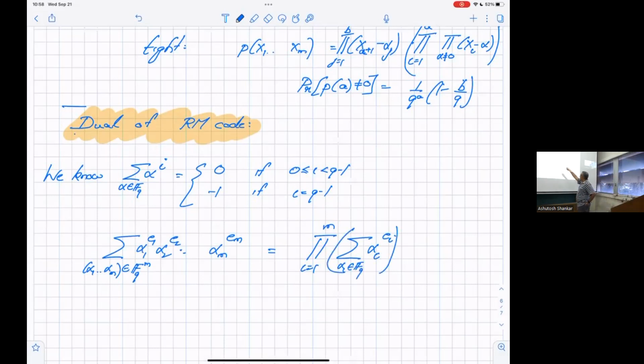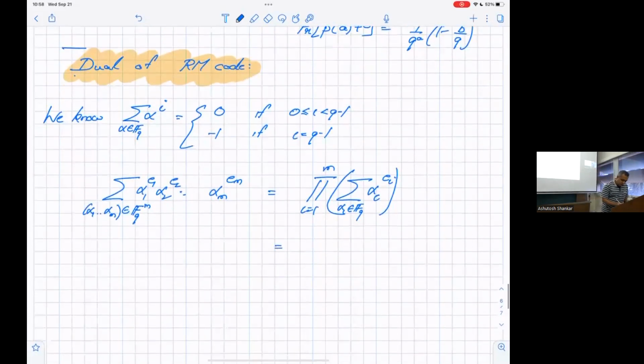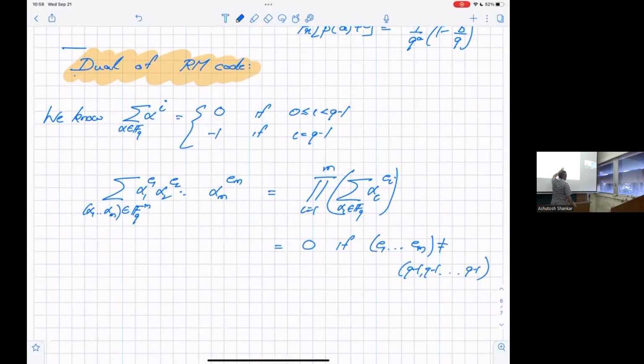And we can now just appeal to that and say that this quantity is 0 if (e_1, e_2, ..., e_m) is not equal to (q minus 1, q minus 1, ..., q minus 1). As long as it's not this monomial, every other monomial, if I sum it up, this is going to be 0. Because there will always be one variable in which you don't hit the full degree, the q minus 1 degree, and that variable will annihilate this, will ensure that this sum turns out to be 0.